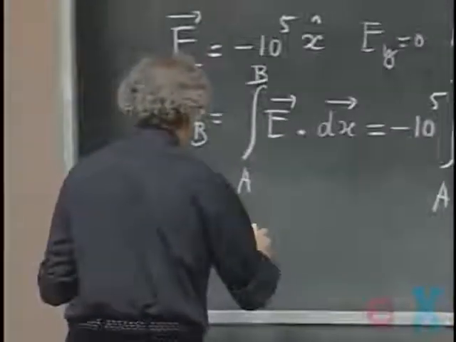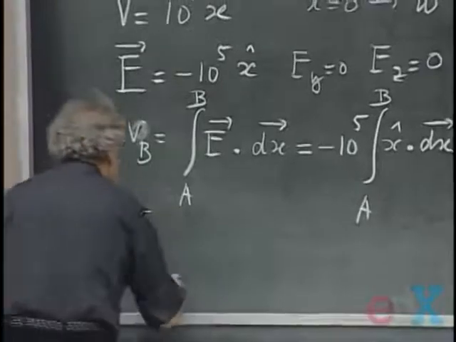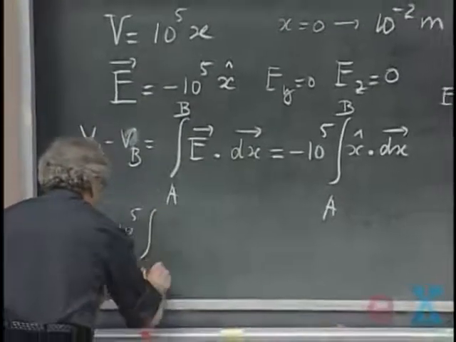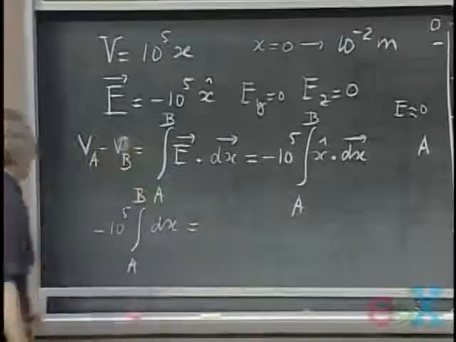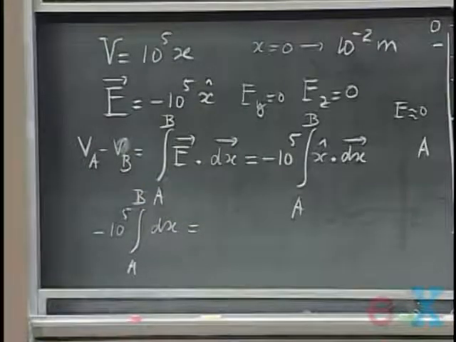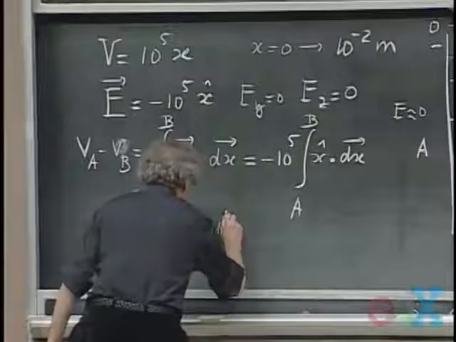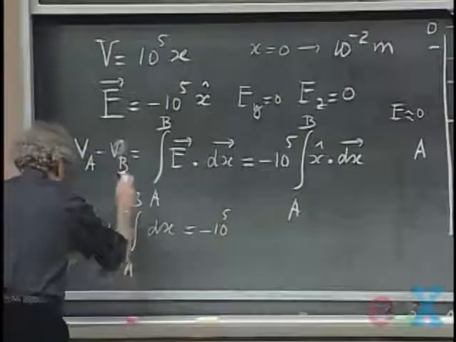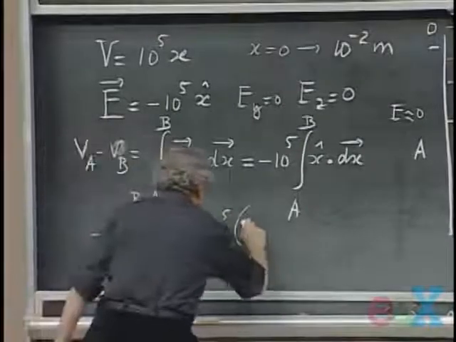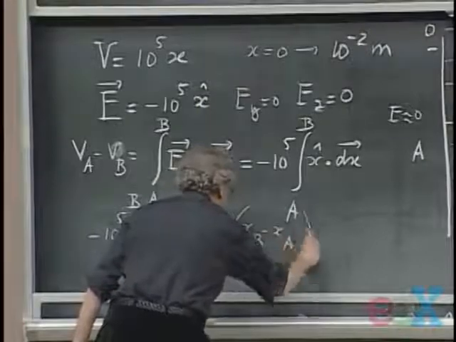And so this becomes minus 10 to the fifth times the integral in going from A to B of dx. And that is trivial. That is minus 10 to the fifth times the location. I have to do the integral between A and B, so I get here x of B minus x of A.